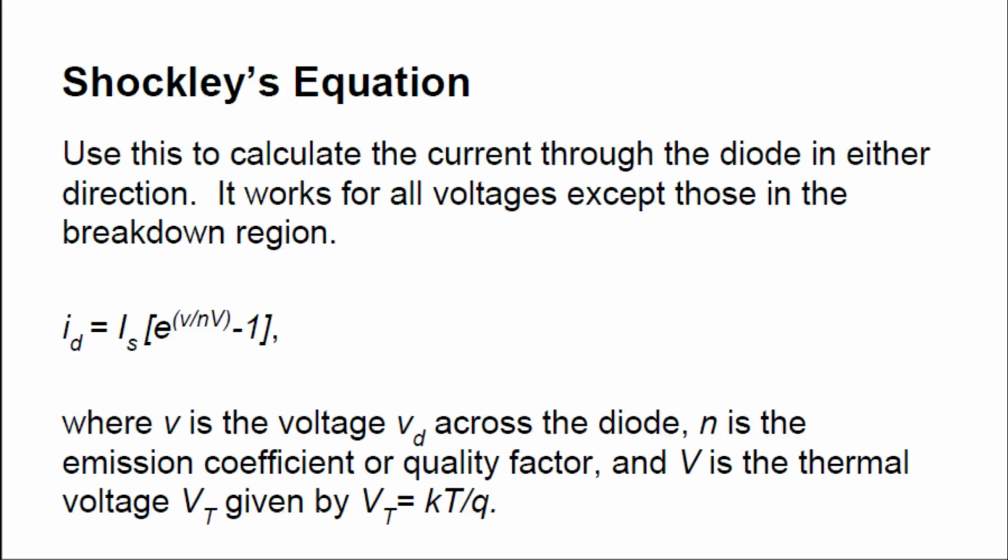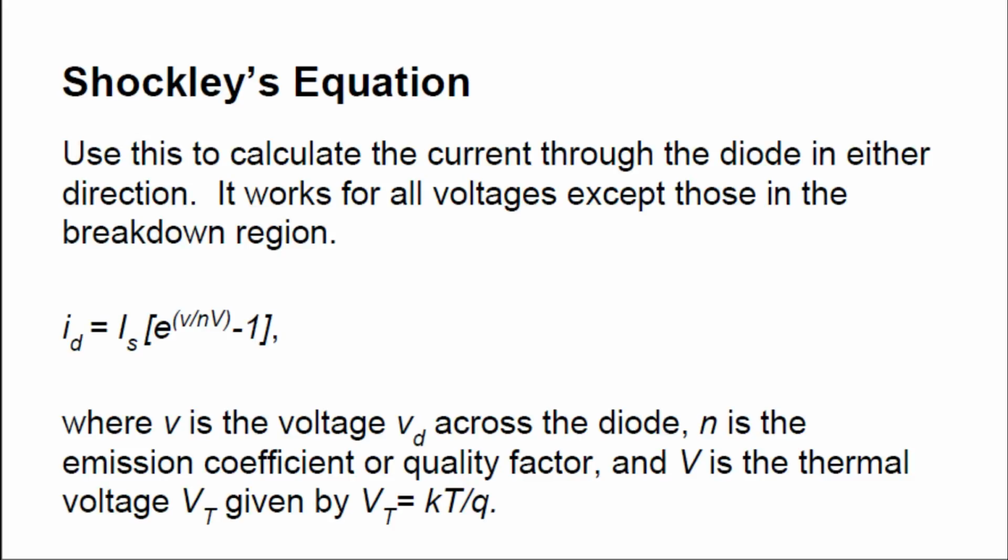N is the emission coefficient or quality factor, which is usually 1 or 2, and it'll be given in any problem that you have. And the uppercase V, which will usually be shown as V sub T, is equal to KT over Q, which we saw in a previous equation, but in the previous equation we went ahead and subbed in all the values for KT over Q.